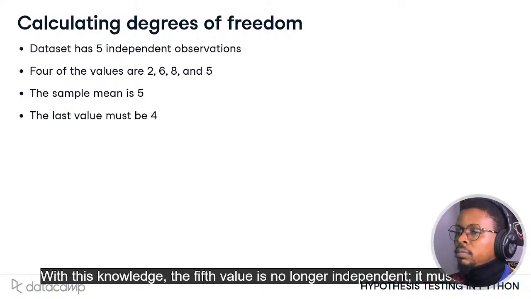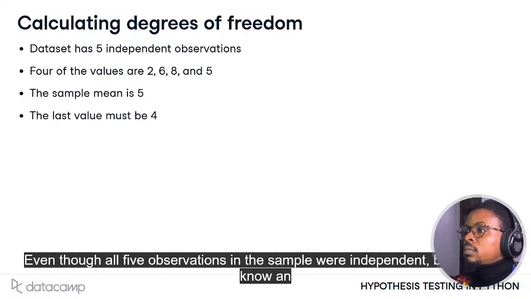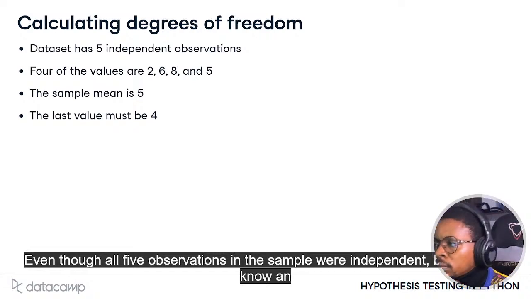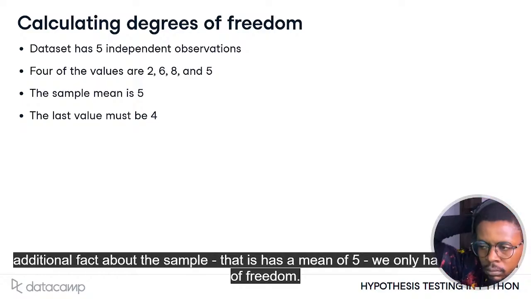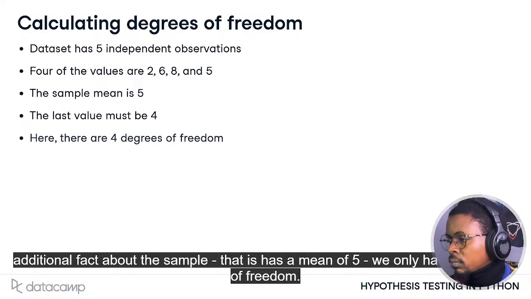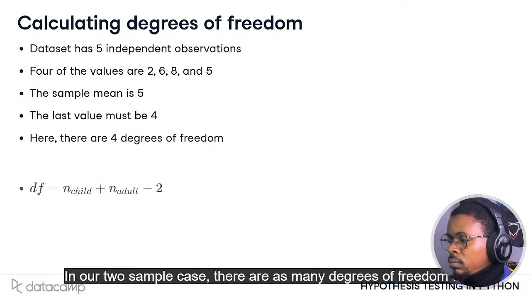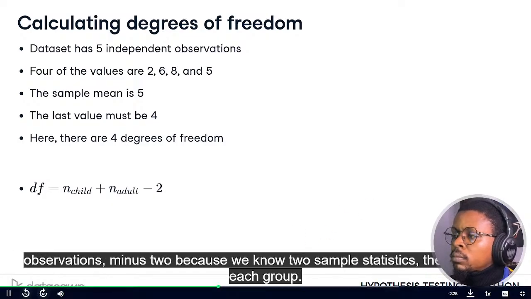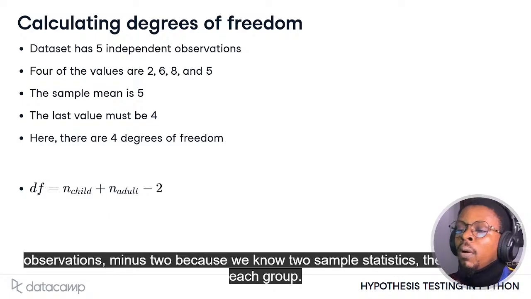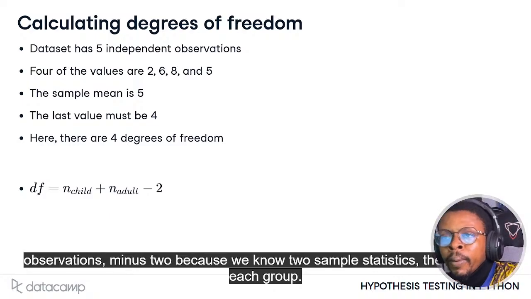It must be 4. Even though all 5 observations in the sample were independent, because we know an additional fact about the sample, that it has a mean of 5, we only have 4 degrees of freedom. In our 2-sample case, there are as many degrees of freedom as observations, minus 2, because we know 2 sample statistics, the means for each group.